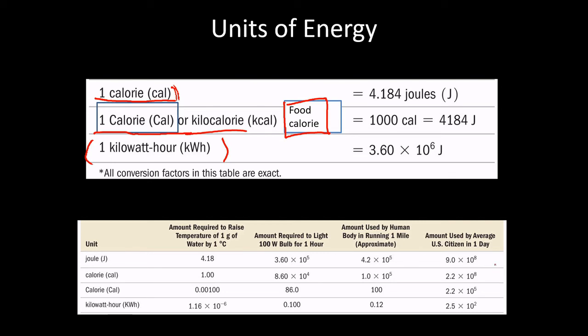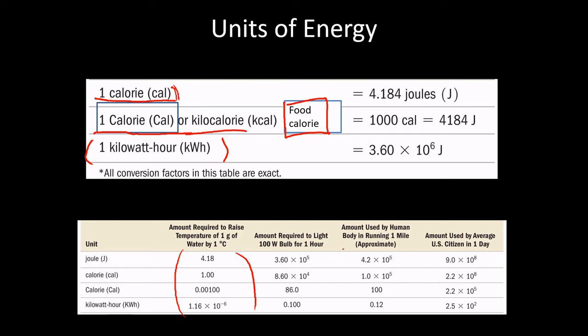And as you can see here, down on this table at the bottom, first of all, you can get just the comparisons between all three of these. So 1 small calorie is the same as 4.18 joules, which is the same as 1,000th of a big calorie, which is the same as 1.16 times 10 to the negative 6 kilowatt hours.